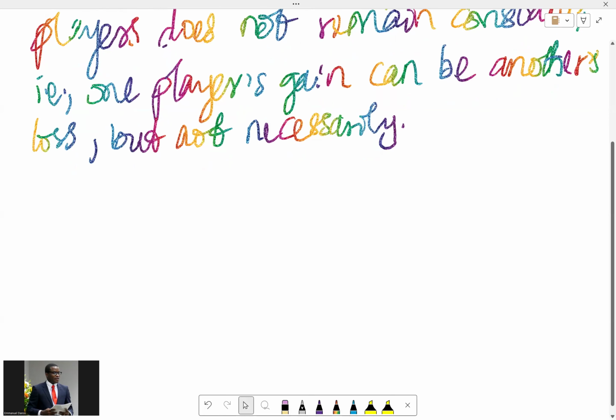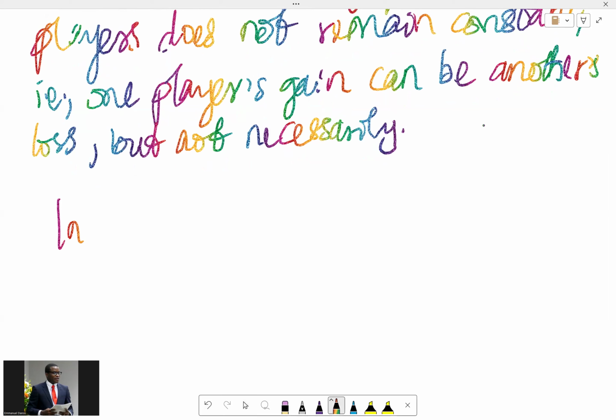So if you consider a 2 by 2 payoff matrix, we used that kind of thing for a zero-sum game. If we use the same kind of idea here, we'll see that it's also possible to consider it.